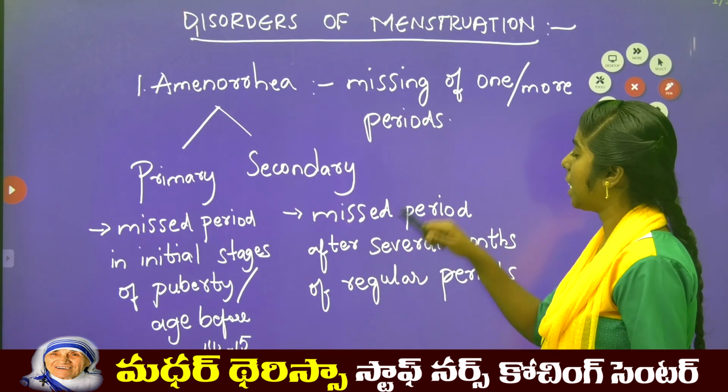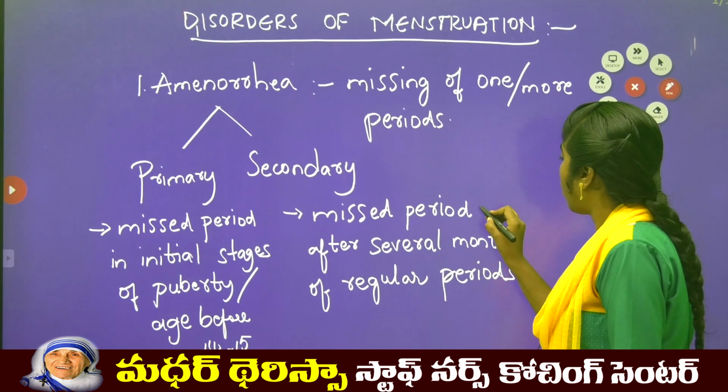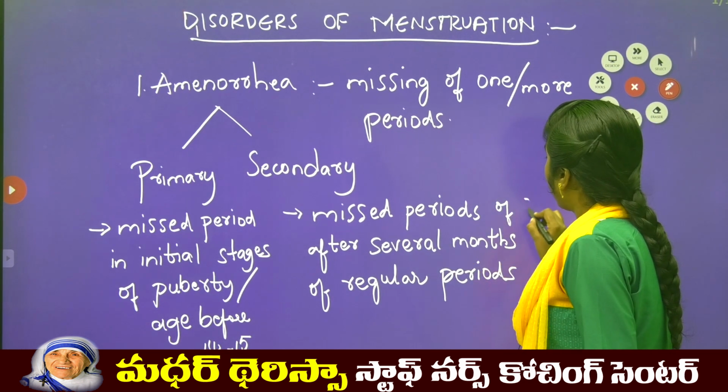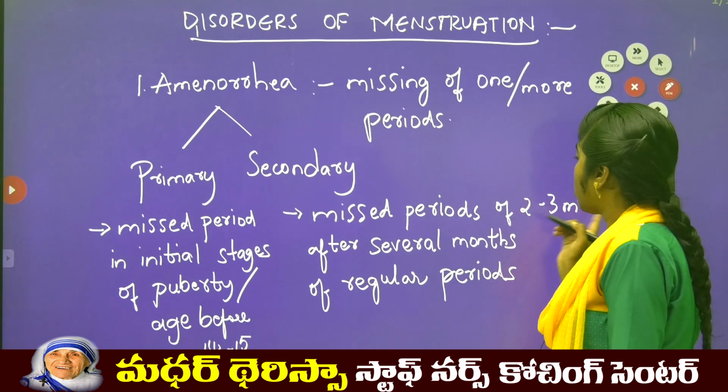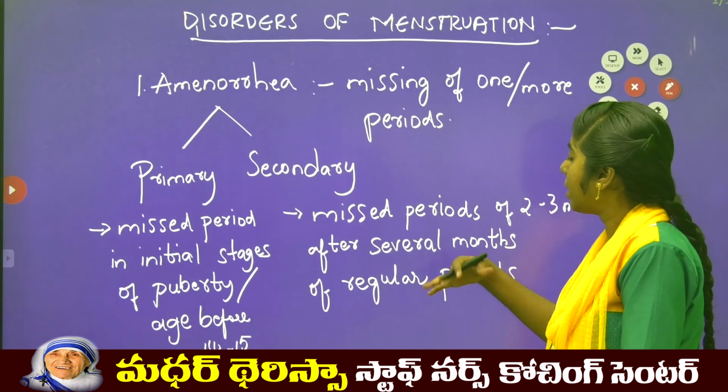This is secondary amenorrhea: missed periods of 2 to 3 months after several months of regular periods.